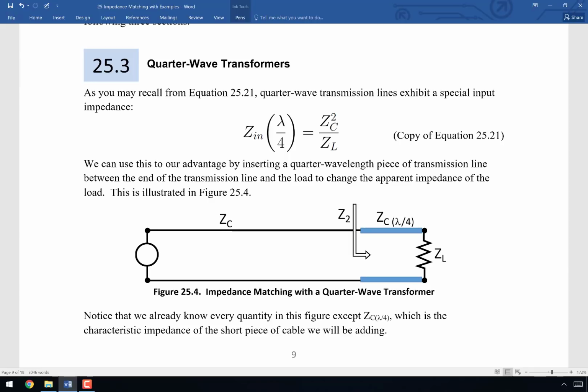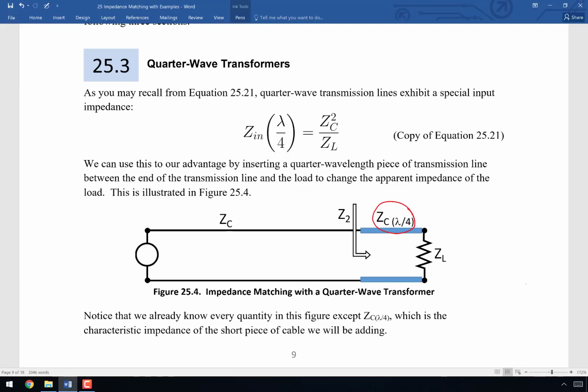So the quarter wave transformer simply says we're going to break between the end of the line and where the load occurs. We're going to insert a little chunk of transmission line that is exactly a quarter of a wavelength long.